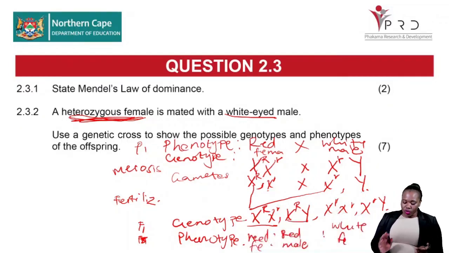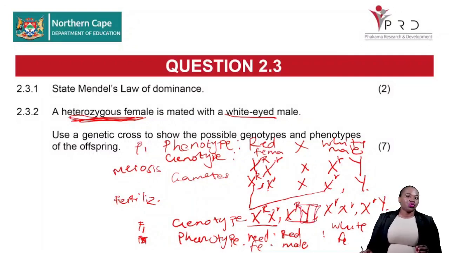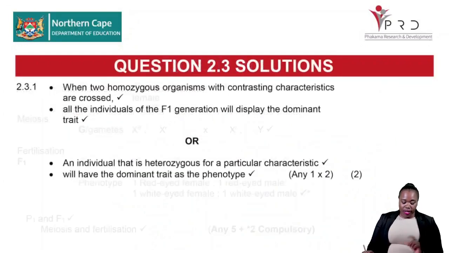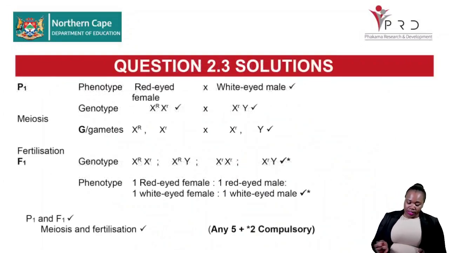So we have one of each: white-eyed female, white-eyed male, red-eyed female, and red-eyed male. So as you can see here, with the male, do not forget that when we're looking at sex linked, it is linked to the X chromosome. So we do not have the Y chromosome carrying any allele there, right? So there we have it. This is how it is going to look.